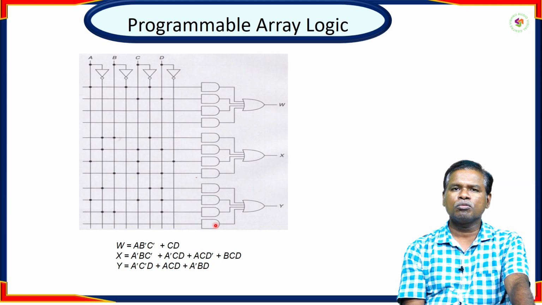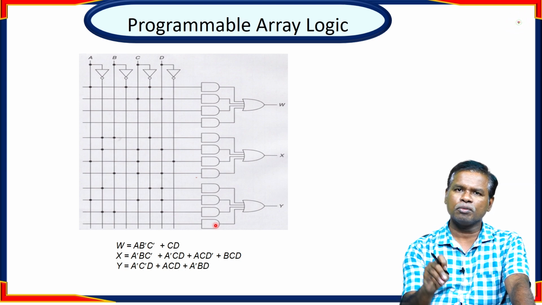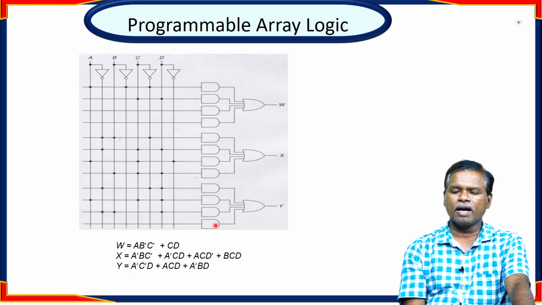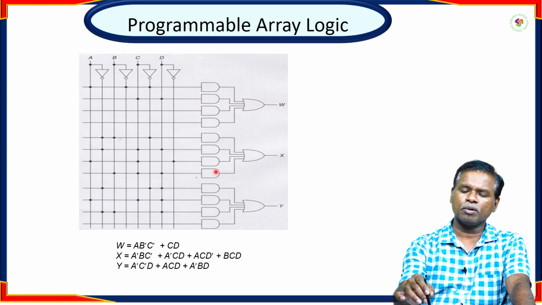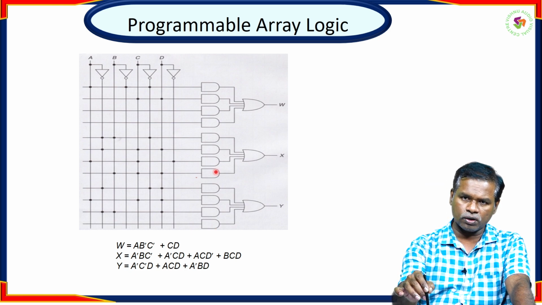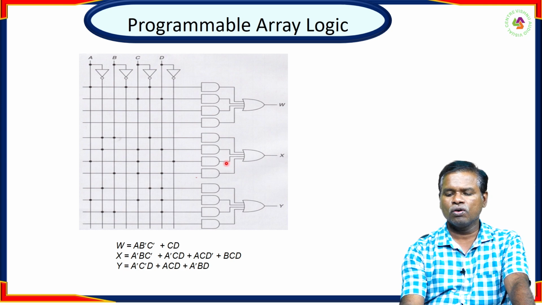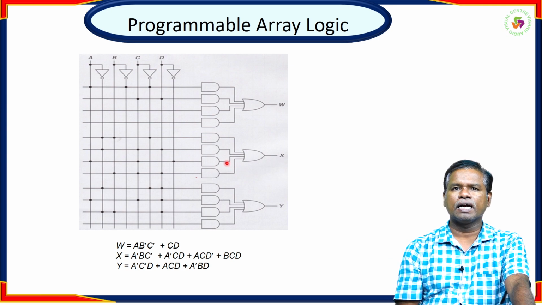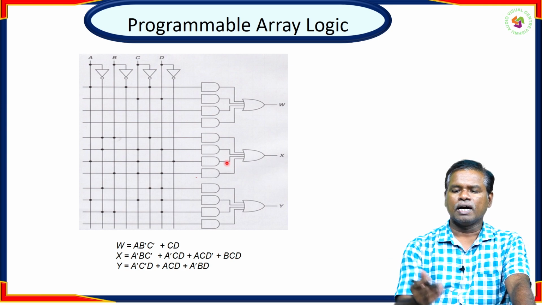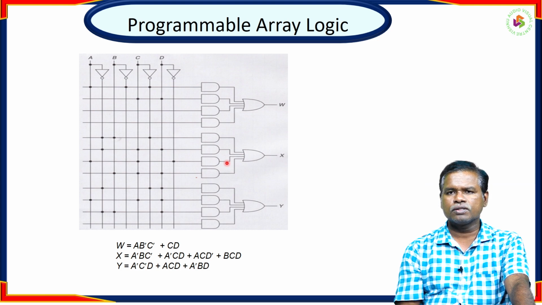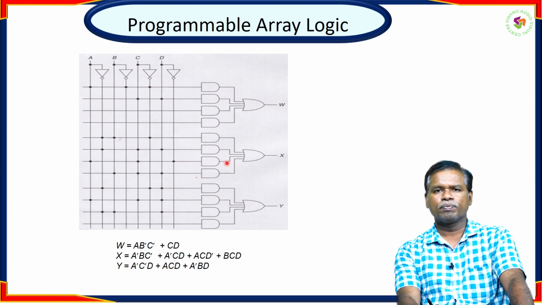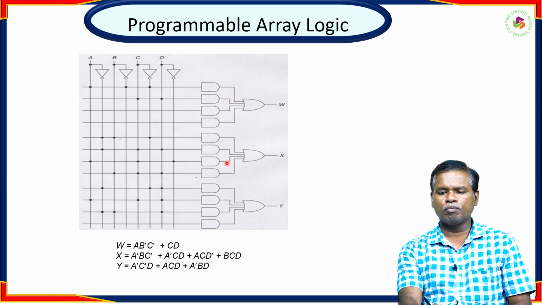So the programmable array logic has programmable AND gates and fixed OR gates. The programmable AND gates require four terms, so we fix four, and the same number of AND gates is fixed for the other outputs also, which gives us the overall implementation of PAL.